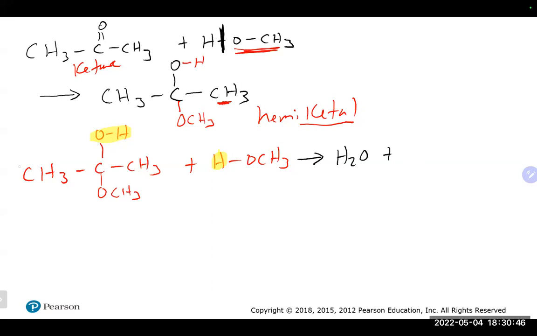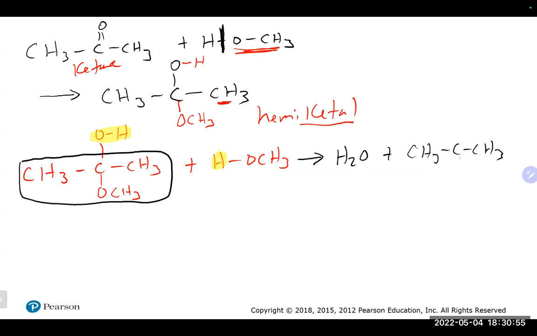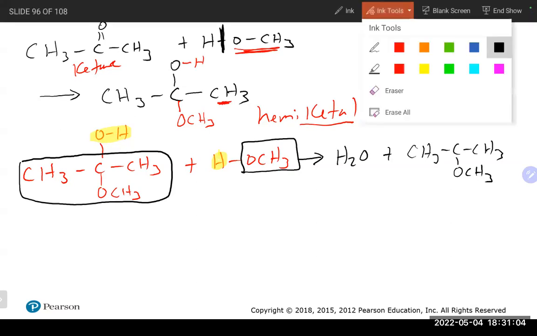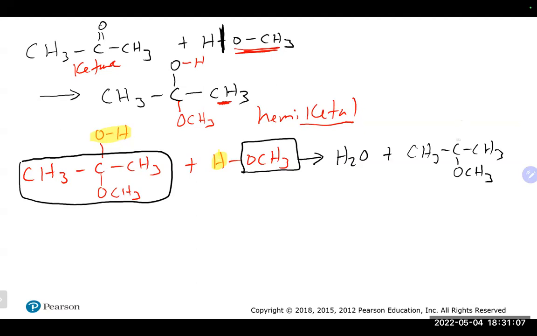And now, just like before, everything else here will remain the same, so we could just copy it. The only thing left over is this guy, which now will be inserted up there on that carbon. And we end up with, again, a thing that looks very much like an acetal, but without the hydrogen here. This is what is sometimes referred to as a ketal.